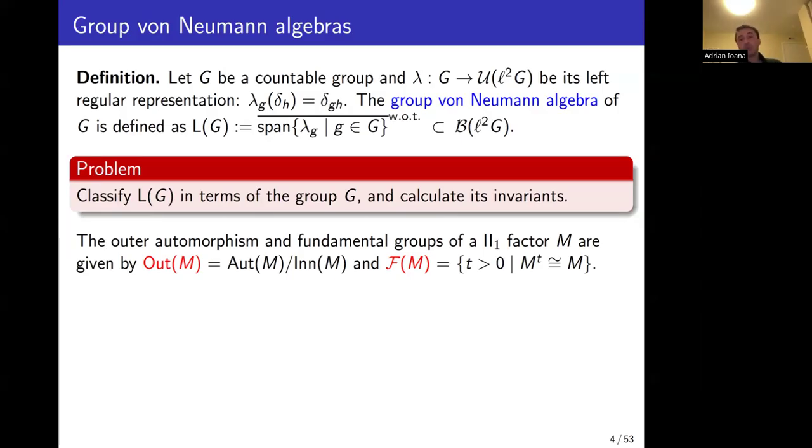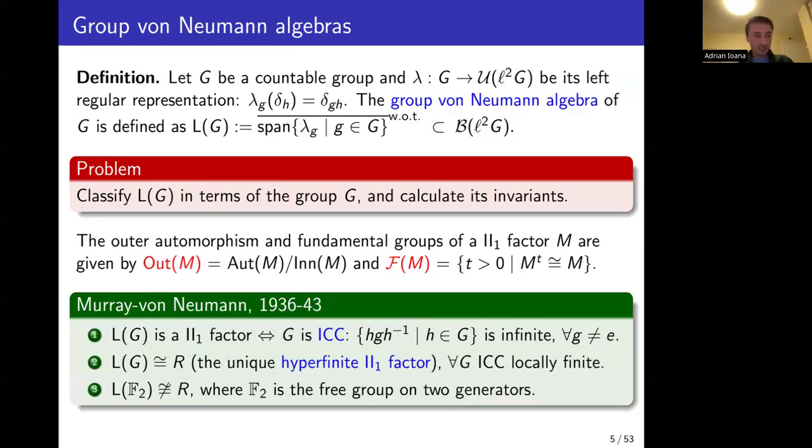Whereas the fundamental group of M, defined by Murray and von Neumann, is the multiplicative group of positive reals t such that the t amplification M to the power t is isomorphic to M. So these will be the two main invariants I'll be concerned with.